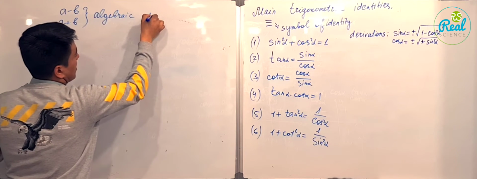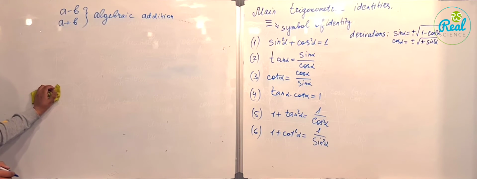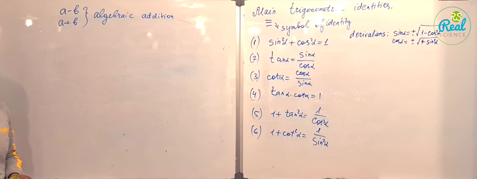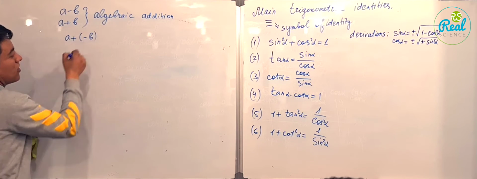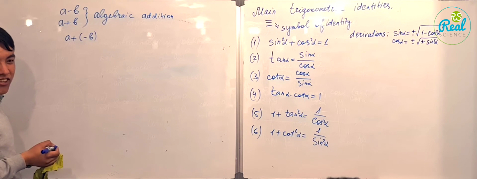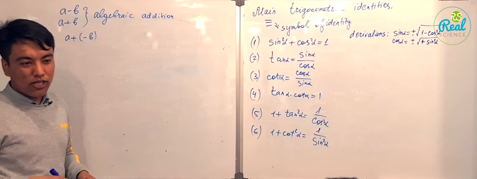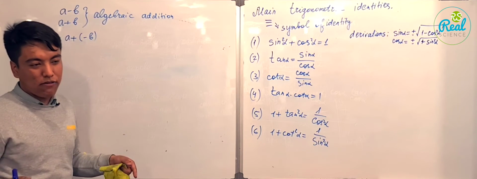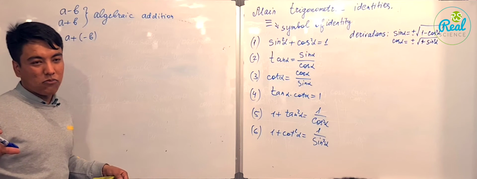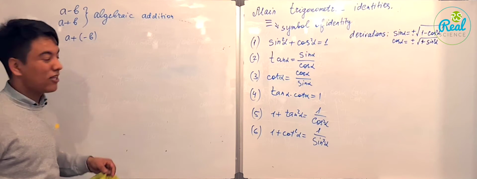Because b here is a negative number. There is no subtraction in algebra. We say algebraic addition. That's why the formulae are also called formulae of addition, even though they sometimes consist of subtraction. Okay? So that's it.